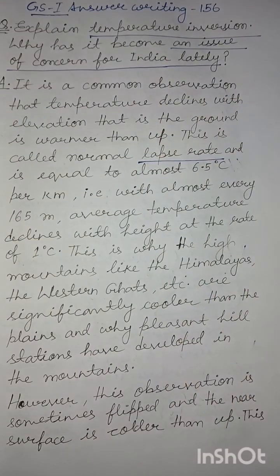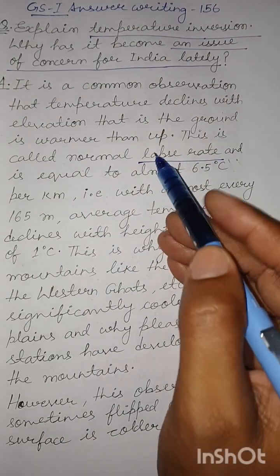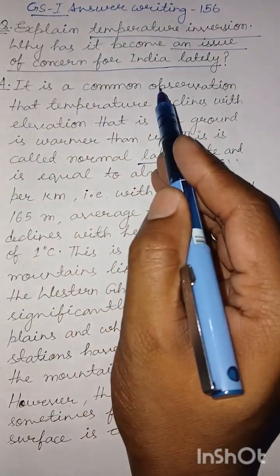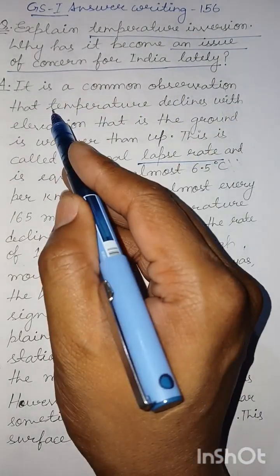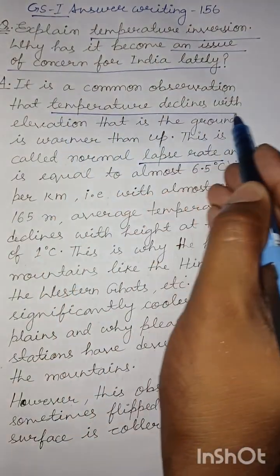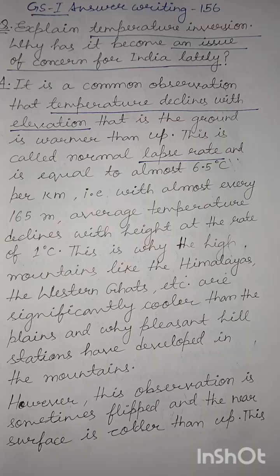Anyway, we are introducing our answer by explaining the concept of lapse rate, which is a very common observation that temperature declines with elevation. You would have observed that temperature is generally lower at higher elevation.